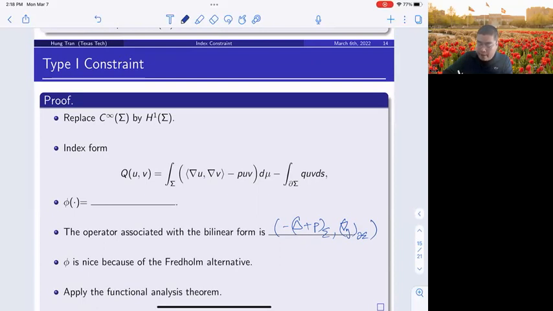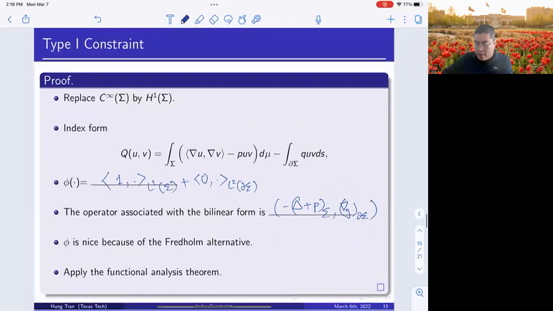So phi here, the constraint, is given by the inner product with the constant function 1 over the interior of sigma plus the inner product with the constant function 0 over the boundary of sigma.